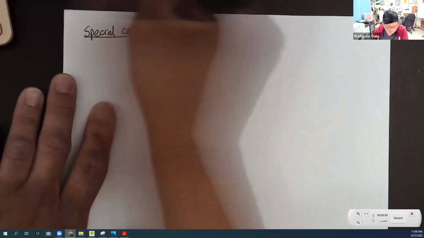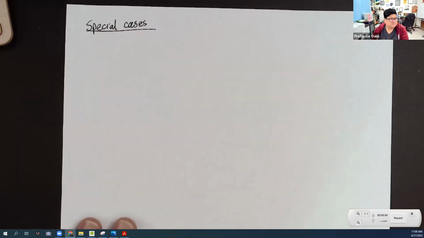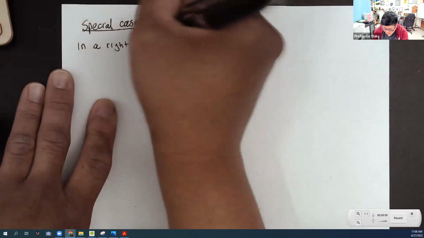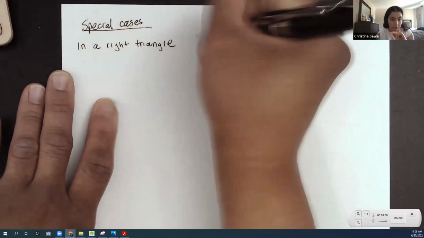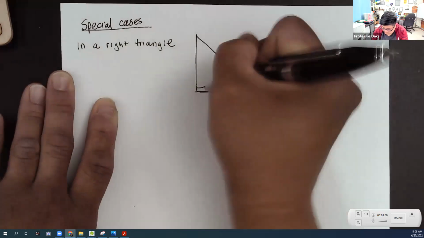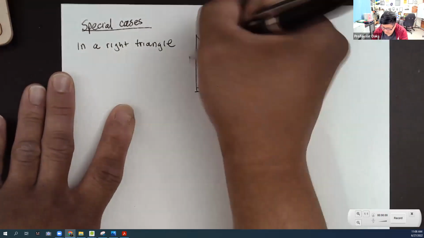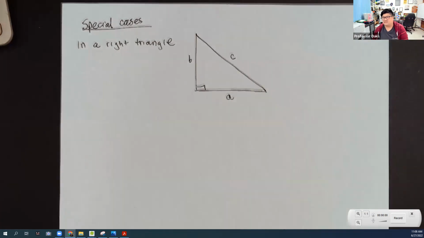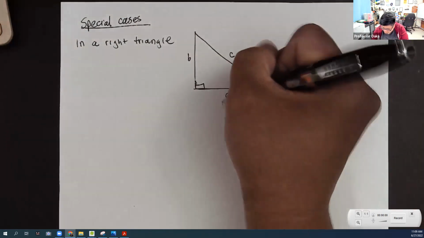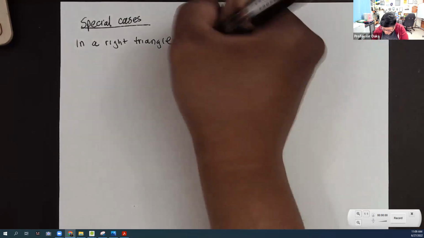So if you have a right triangle, it doesn't really matter what the A and the B and the C are, because it's a right triangle, that would automatically be the base and that would be the height.